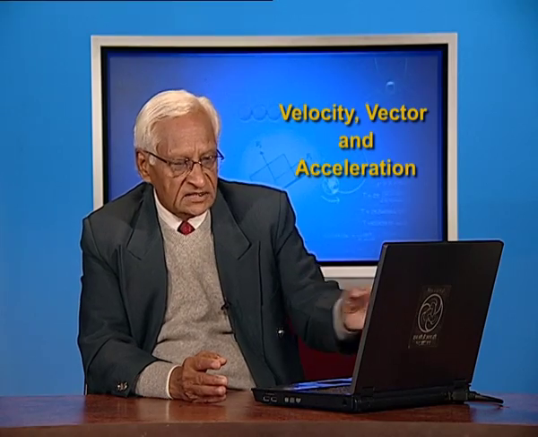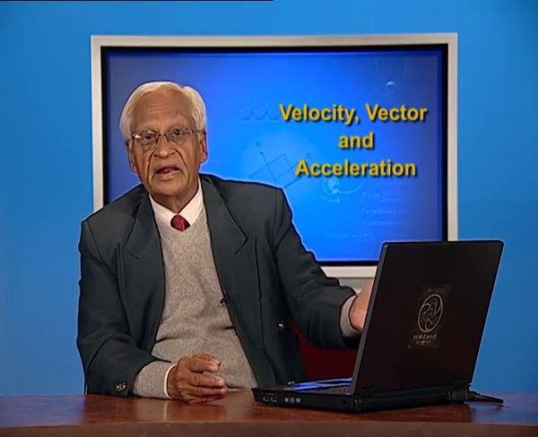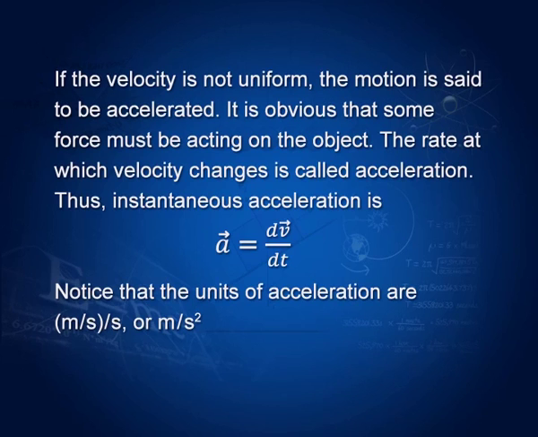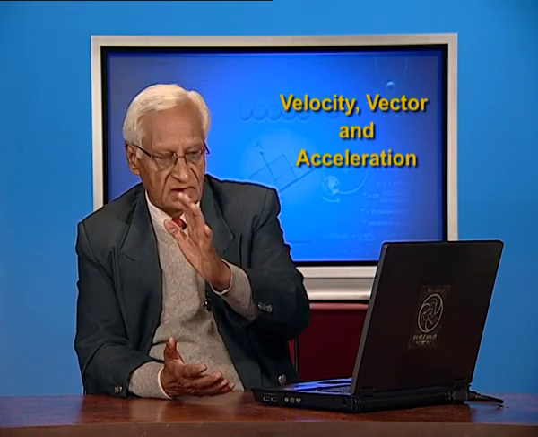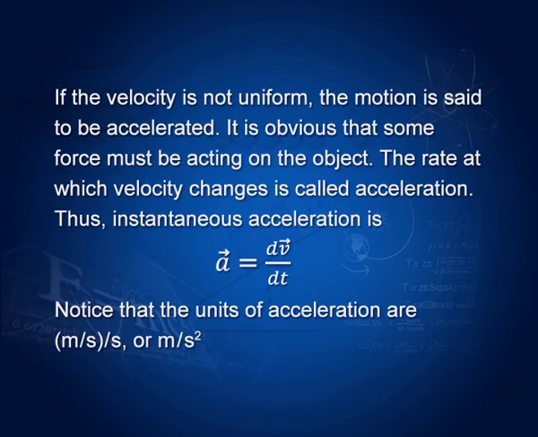The instantaneous acceleration is given by the rate of change of velocity, that is vector a. Remember, acceleration is a vector. So, vector a is equal to dv vector divided by dt. It is the rate of change of the velocity vector. And what are the units of acceleration?